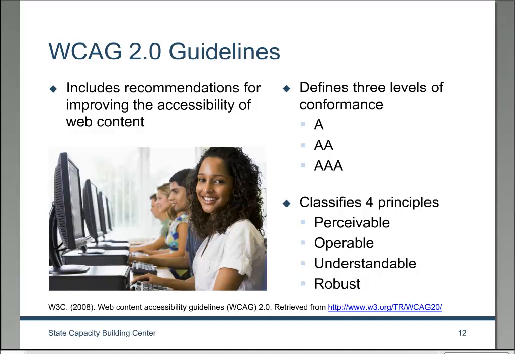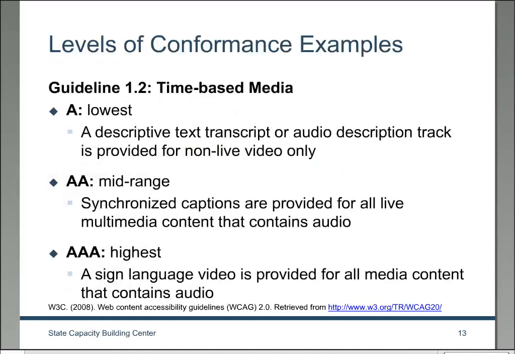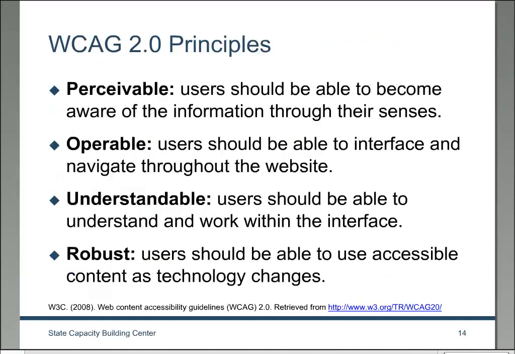And the 3 levels of conformance are A, AA, and AAA. So in terms of the principles, which are also commonly known as POUR, because that's the acronym.